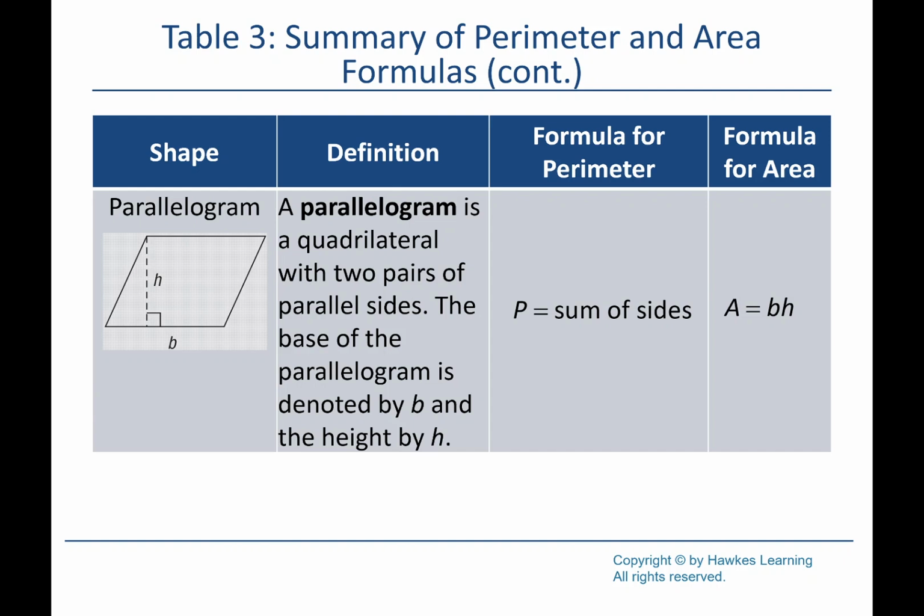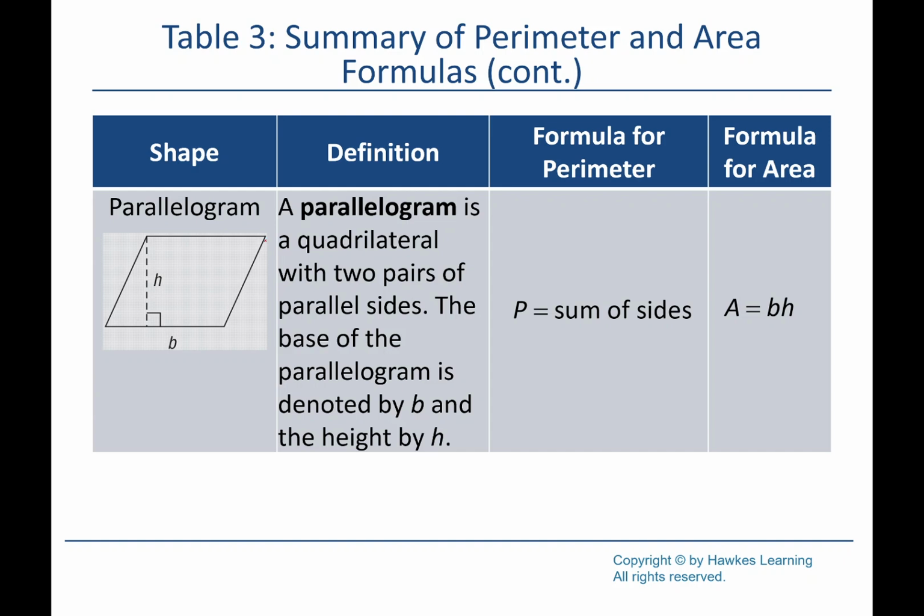If you take a rectangle and you squish it a little bit, where it leans over, you end up with a parallelogram. It's the same as a rectangle, but instead of length and width, here they're calling it base and height, because we do need a vertical line to be our height, like we did with the triangles.